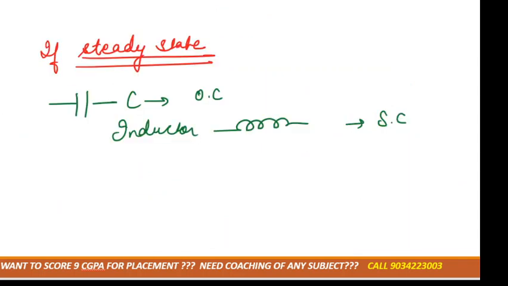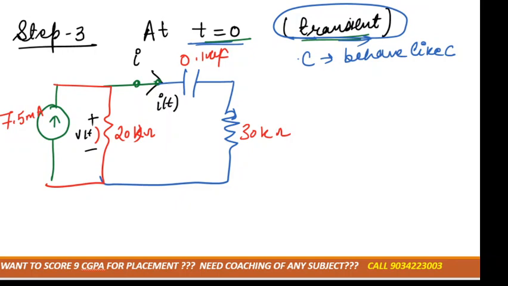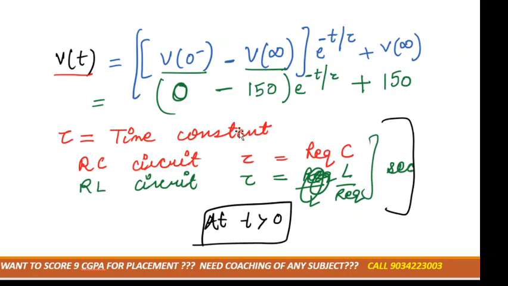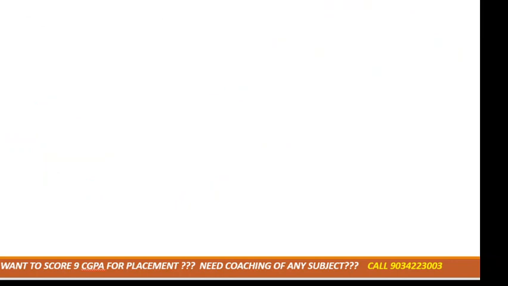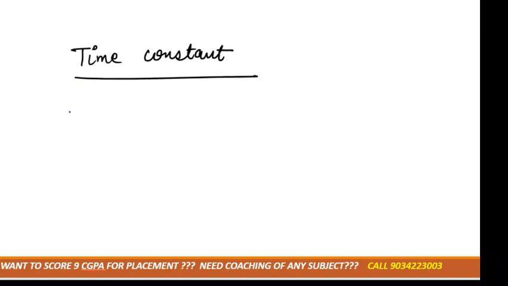Now just one thing is left, that we need to calculate the time constant. For the time constant we have to see which circuit: the circuit at the transient. At t greater than 0 we can consider this one, the transient circuit. Remember I told you, for calculation of the time constant we have to remember the following steps.